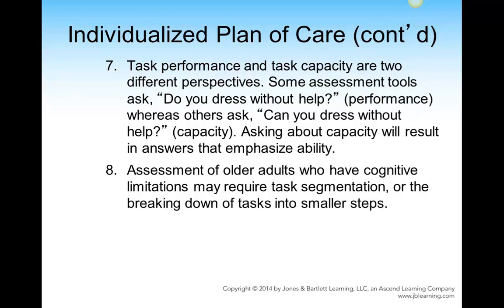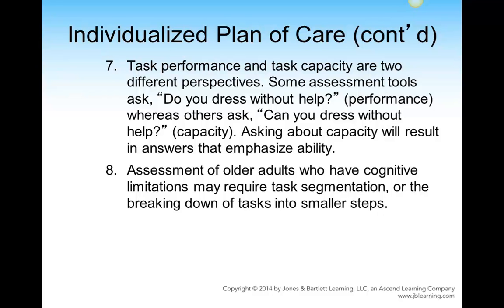We want to be very task performance and the capacity to do it. Capacity gives you better results. Because if I ask you, do you dress without help? It'll probably be a yes or no answer. Can you tell me about your physical ability.